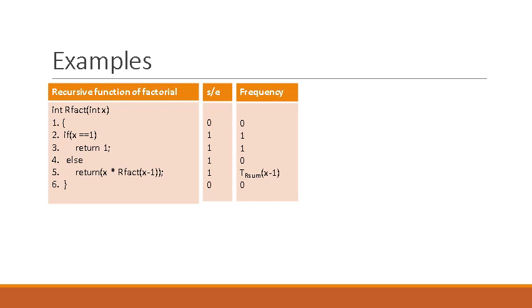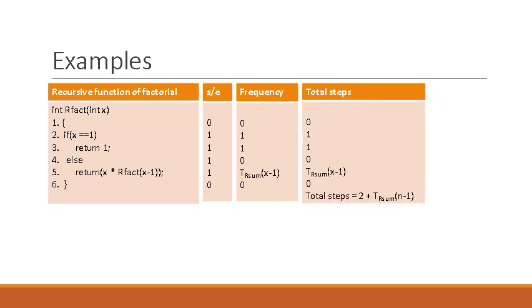So the rfact function is called x minus 1 number of times. Its summation will be 2 plus t of n minus 1, or x minus 1. That is the time required for executing the factorial function.